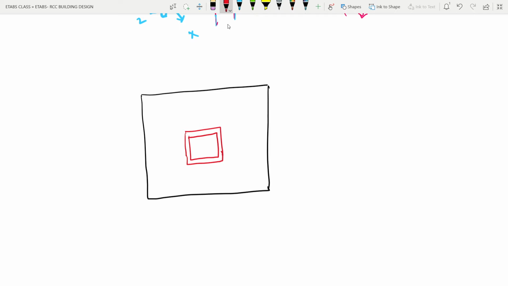It is made up of 4 shear walls. You can see 1, 2, 3 and 4 shear walls we have, and these are connected to each other, so those create a box, right?